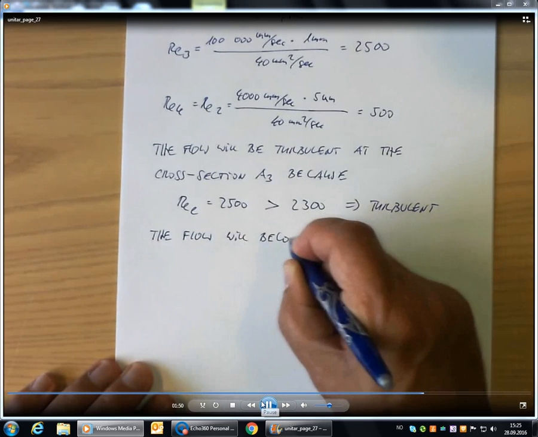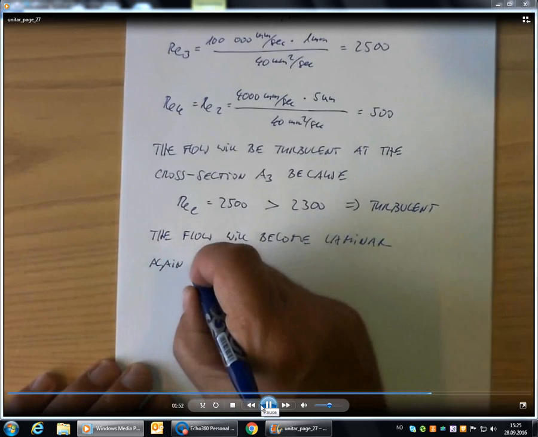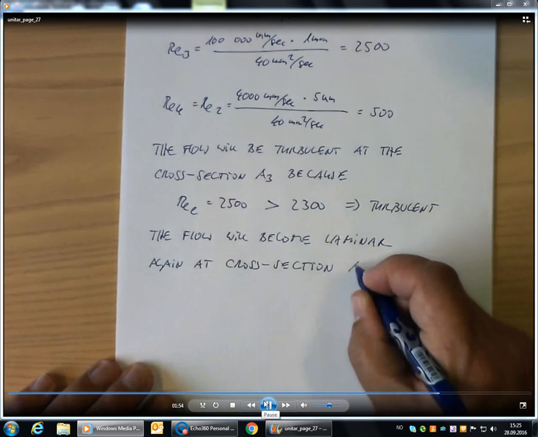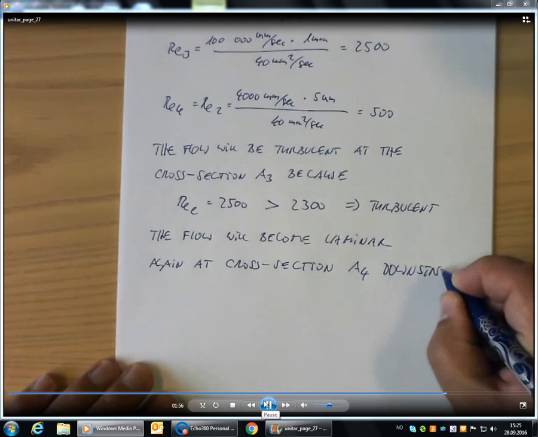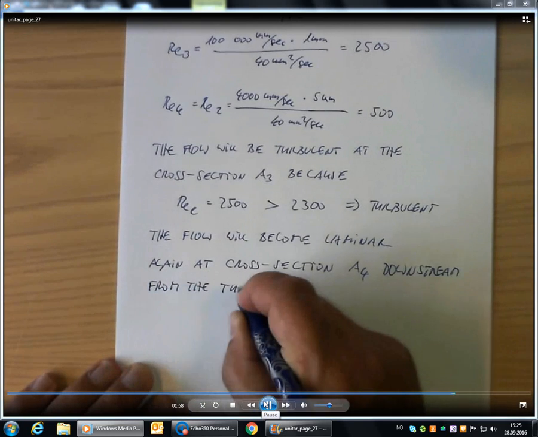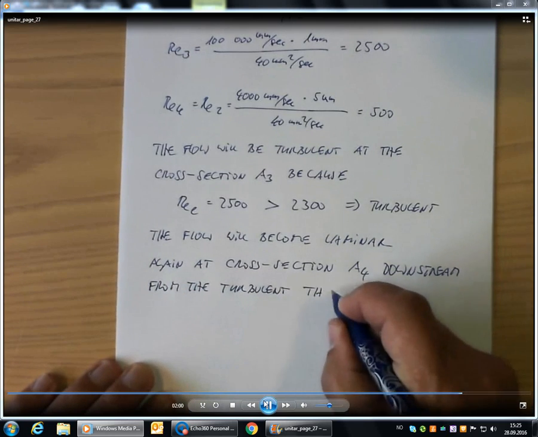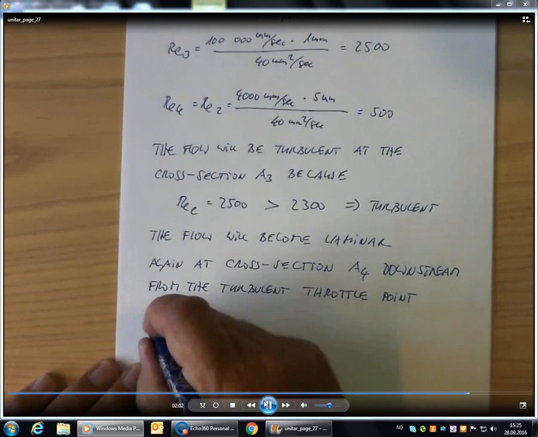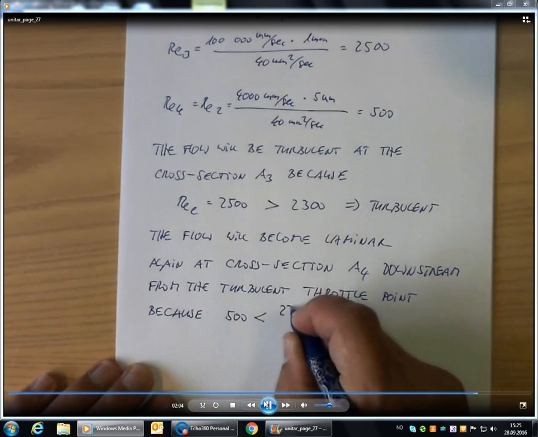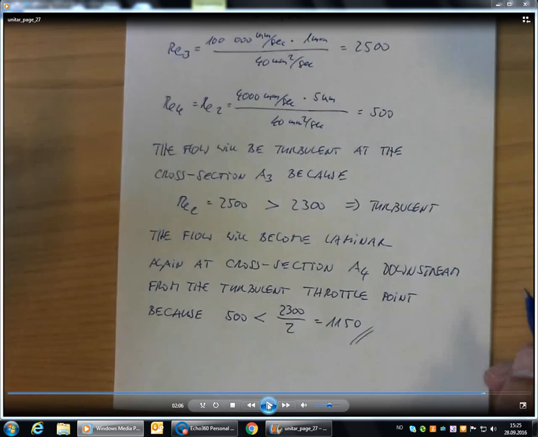Then in the following section, which is A4, downstream of this throttle, we will again have Reynolds number 500, because 500 is a magnitude under 2300 divided by 2. Yes. Then we can say here we have laminar flow again.